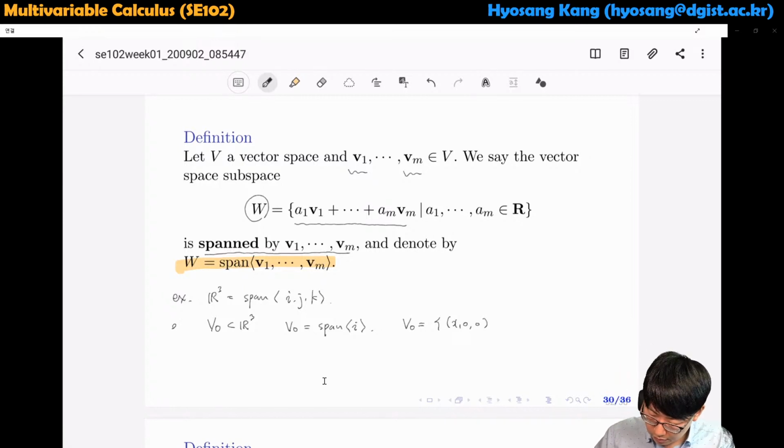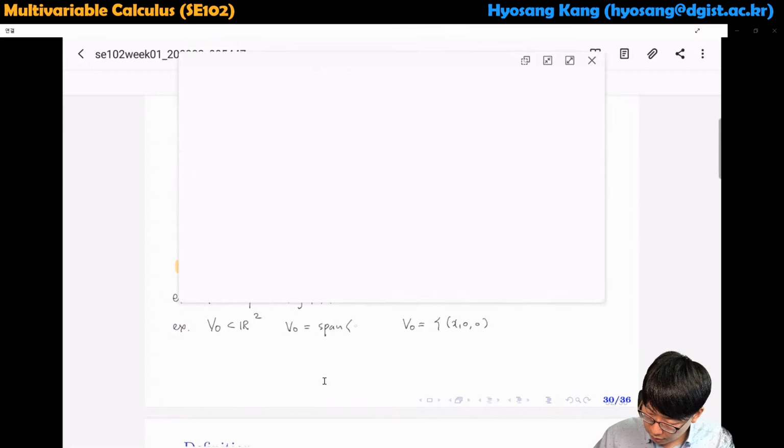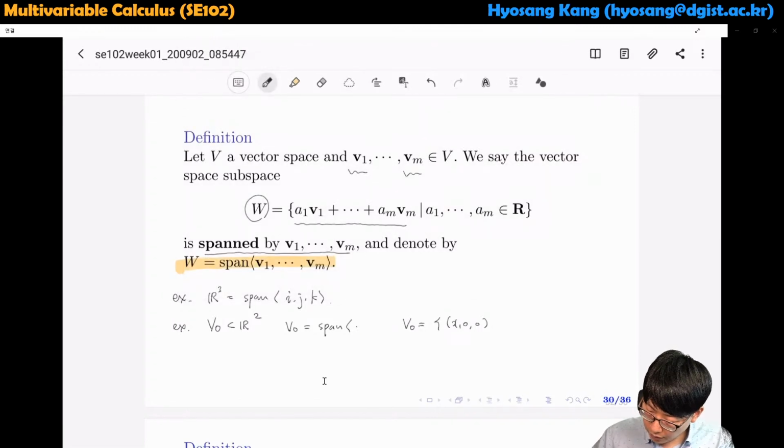Let's say, in the previous example we didn't mention this in R3, so let's say in R2. Okay, so let's rewrite this here. V0 consists of x lying in R, and this (x, 0) can be written as x times (1, 0), which is x times E1, right?